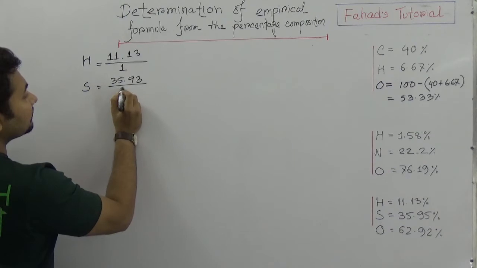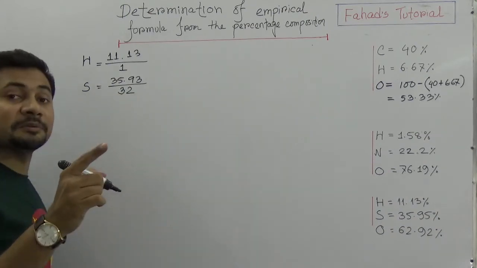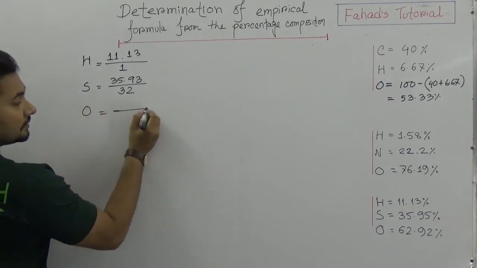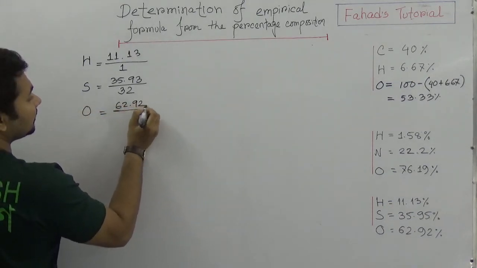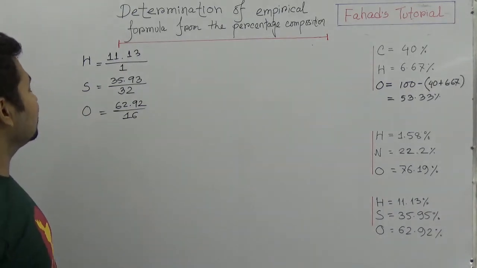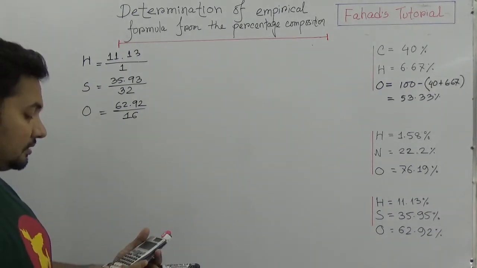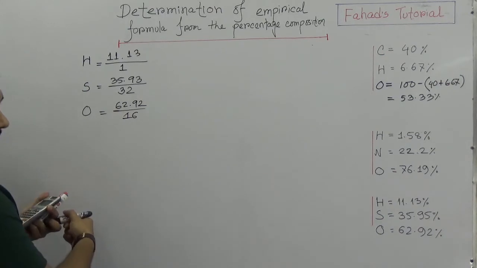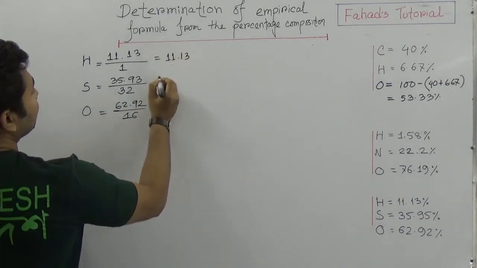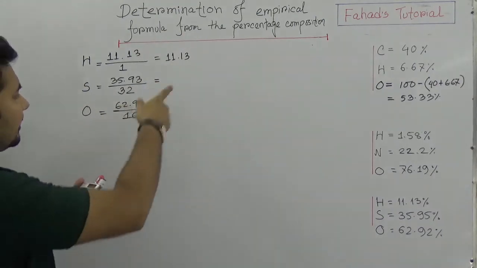So I need to divide it by 32 as the atomic mass of sulfur is 32. And in case of oxygen, 62.92 is given. So I need to divide it by 16. Now, what is the answer? What is the quotient actually? So the first one should be the same, nearly 11.13.